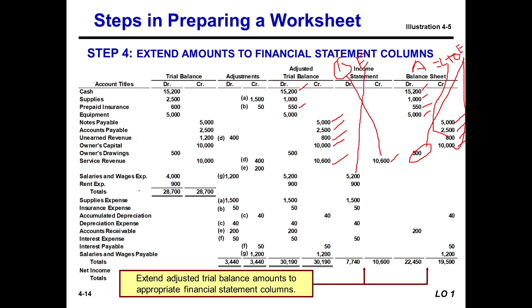Okay, so salary and wages expenses, this is 5,200, and rent expenses 900, and this is the supplies expenses, the insurance expenses, and accumulated depreciation. This is the balance sheet item, that means 40, and depreciation expenses 40. This is the income statement debit items.